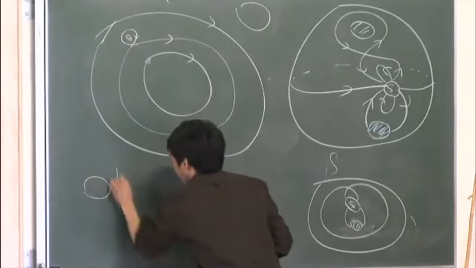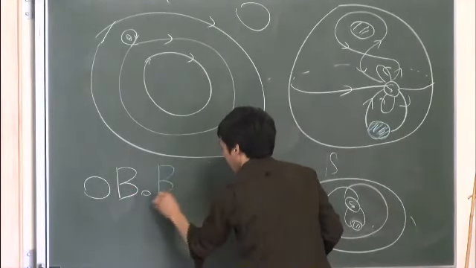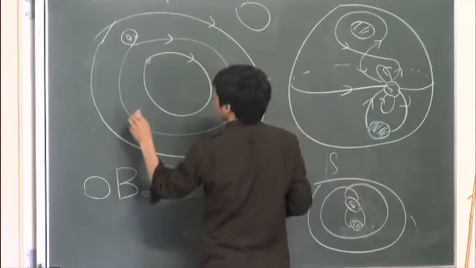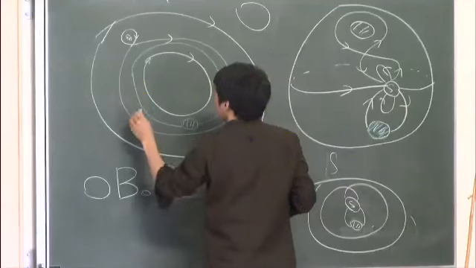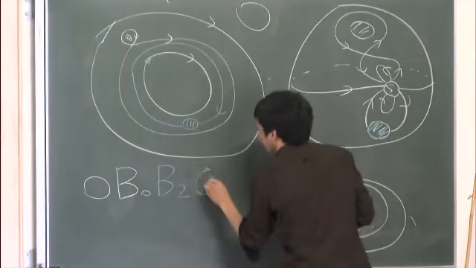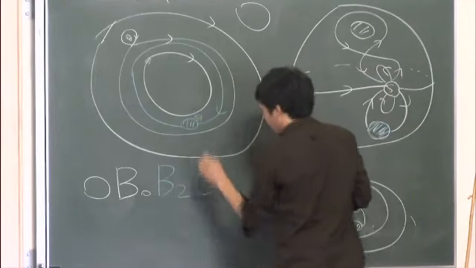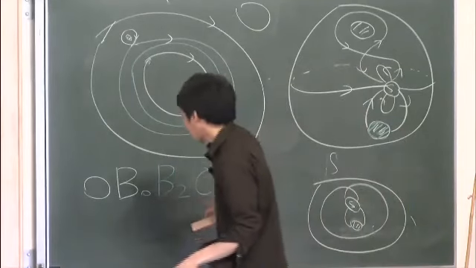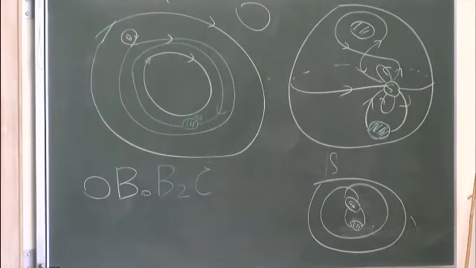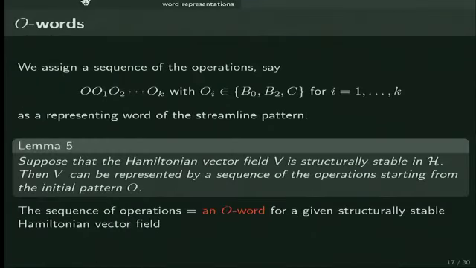So this is B0, and second, we operate B2, and we get this. And C, and we can get something like this. And if we operate these, every Hamiltonian vector field can be obtained like this sequence.